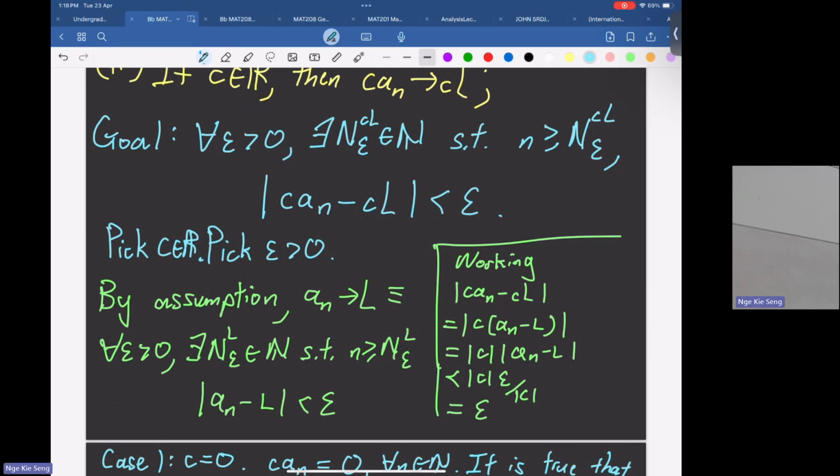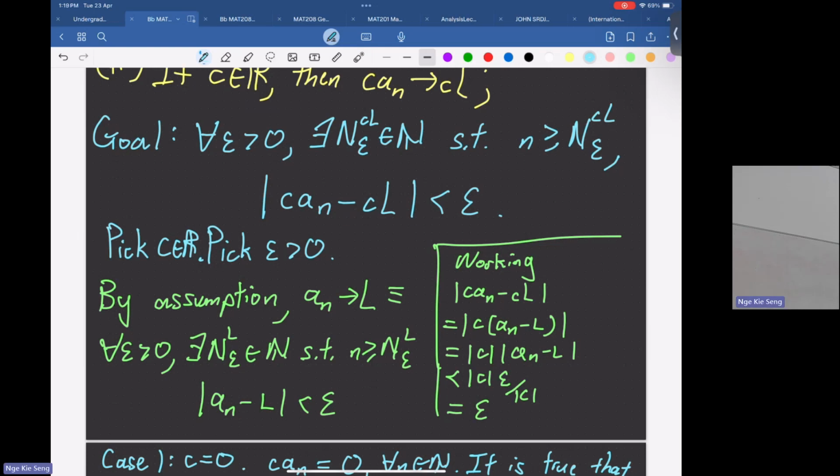It just makes it clearer that this N works for the convergence of C a_n. But for the statement, you don't need to put it. This N here depends on epsilon and also on your sequence. Any other question?